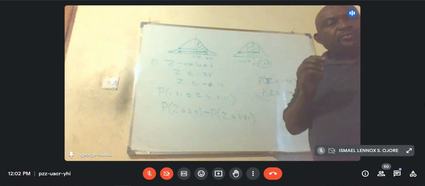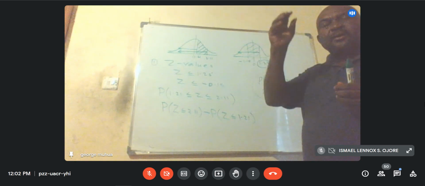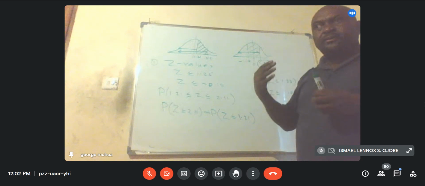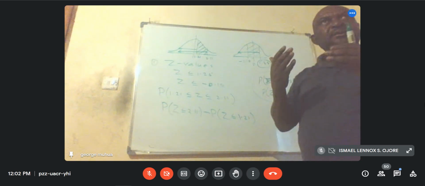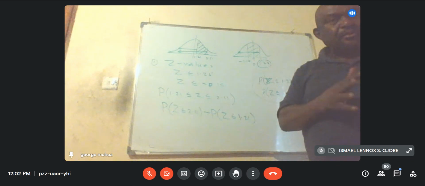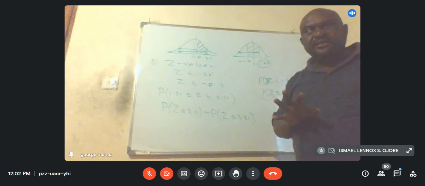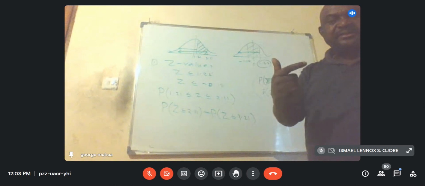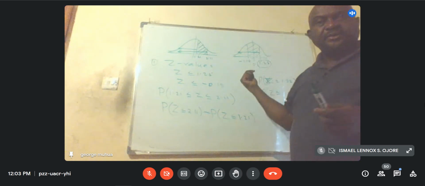Then now we go to what she's doing. We now have an example of a measurement in X, where we will be asked the probability that this measurement will not exceed this, or will be less than this, or will be greater than this. Then now we standardize. When we are given the X, we cannot check the values of X from the table.